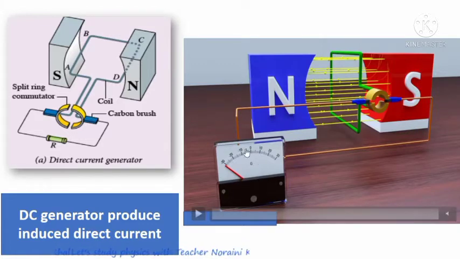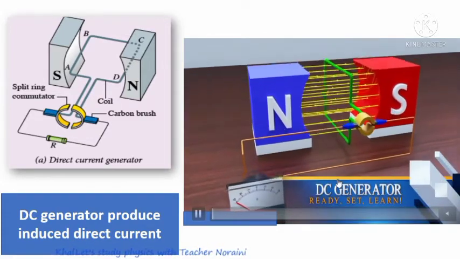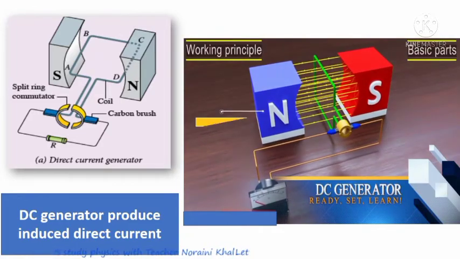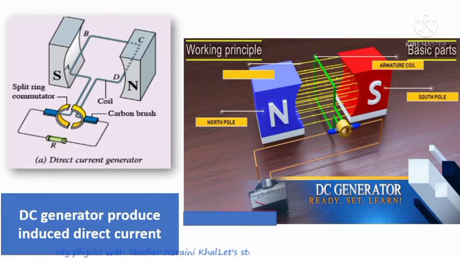You can look here, this is the galvanometer, this is the coil, this is the magnetic field, the commutator, split ring commutator, and the carbon brushes in blue color. Observe what happens to the reading of the galvanometer when the coil is moved in the magnetic field of the permanent magnet. Between the north and south pole of the permanent magnet, there are magnetic field lines.